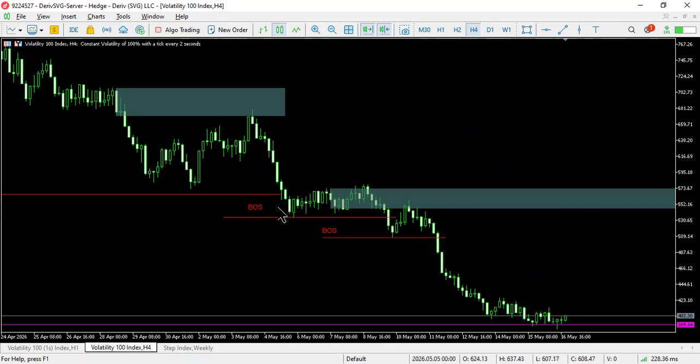And then this order block I'm seeing, this order block was not mitigated.